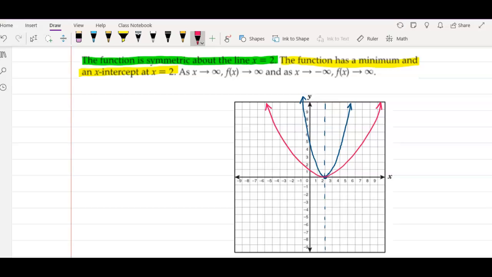Unless they give me more clues, we don't know exactly how wide to make this graph, and that's okay. We're just sketching graphs right now. We are not precisely graphing anything at this point. So any of those answers would be acceptable, assuming that you took your time to make sure they're symmetric about the line x equals 2.